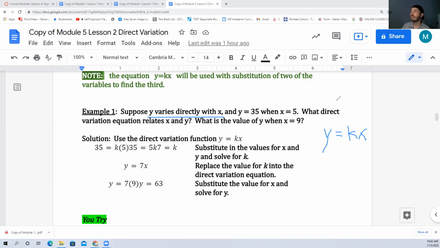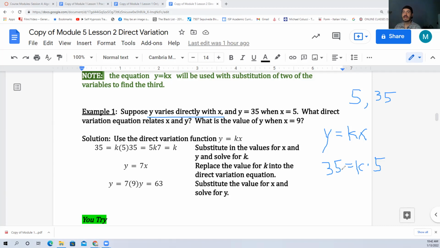Okay, well, I have 1 point. I know that when x is 5, y is 35. So what do I need to multiply 5 by to get 35? In other words, when y is 35, there is some number k that I can multiply 5 by to get 35.